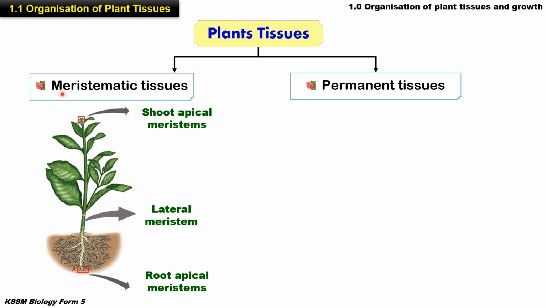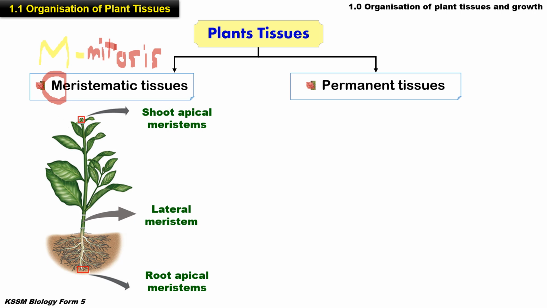So M for meristematic. You tulis sikit kat situ. M also for mitosis. Remember, in meristematic tissue the another M occurs, which is mitosis, for the plant to grow.